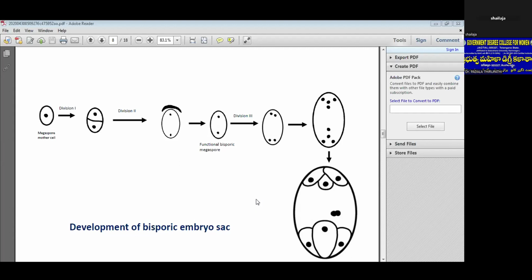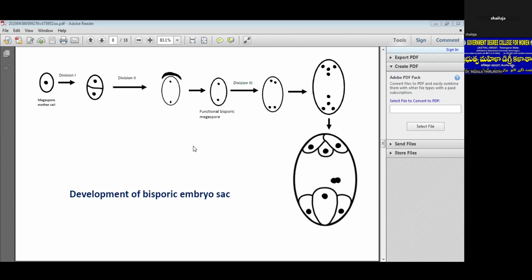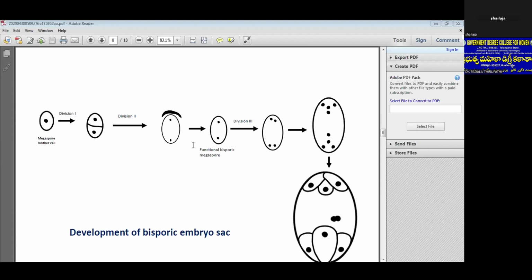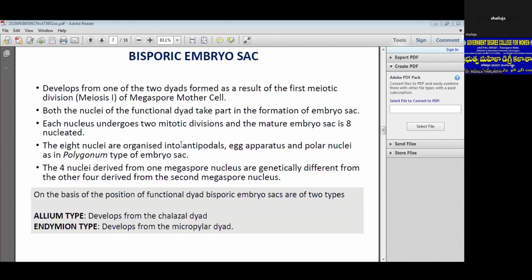On the basis of the position of the functional dyad, there are two types, very simple: the allium type and the endymion type. The allium type develops from the chalazal dyad, and the endymion type develops from the micropylar dyad.